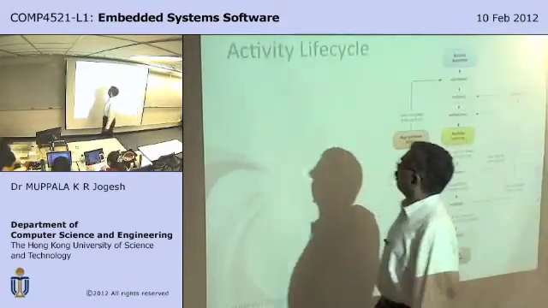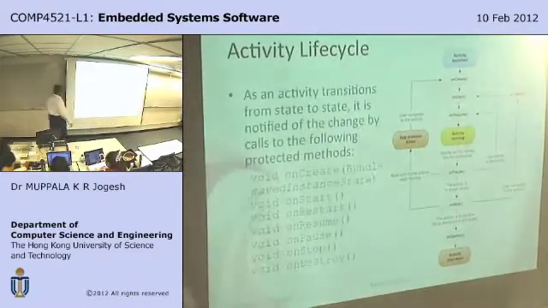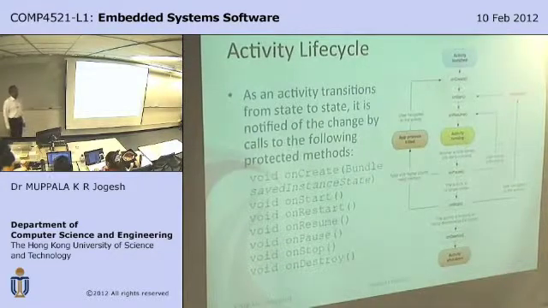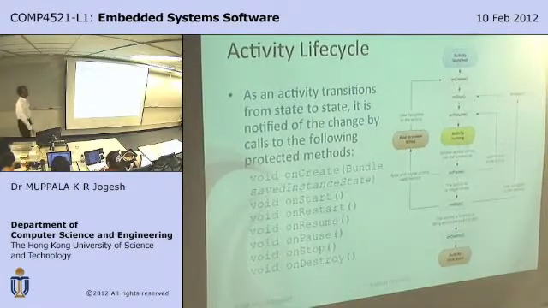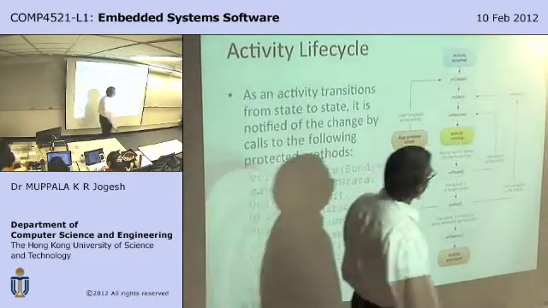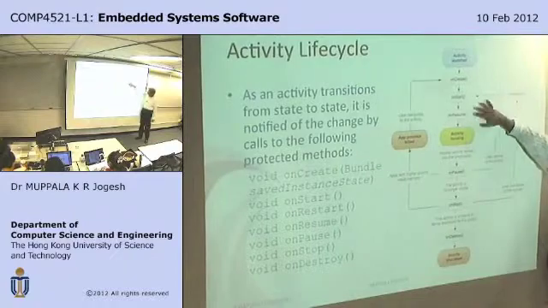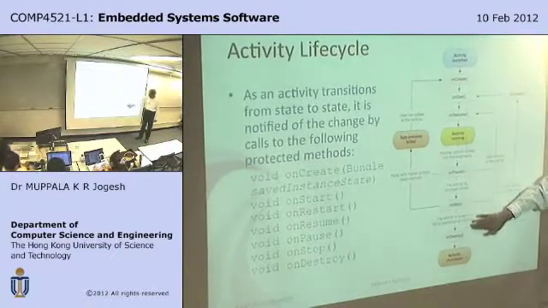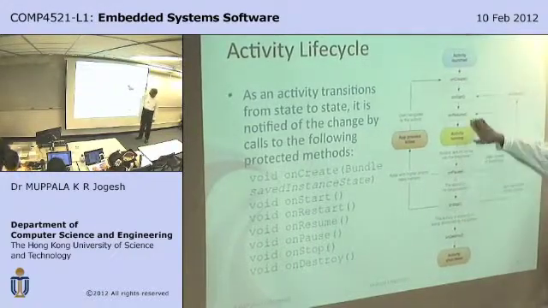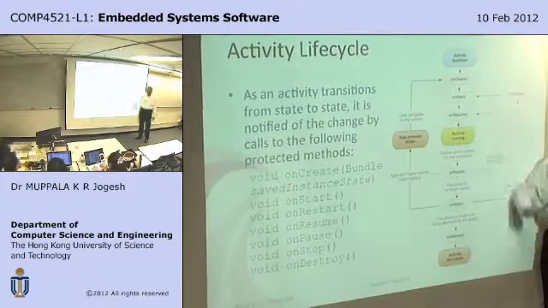All right? Now, within Android, an activity goes through a life cycle depicted by this picture here. In this picture, you will see a whole bunch of things declared. These are all what are called activity lifecycle methods.